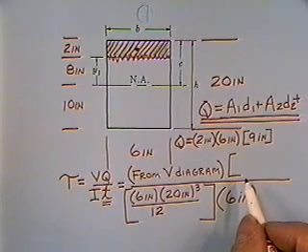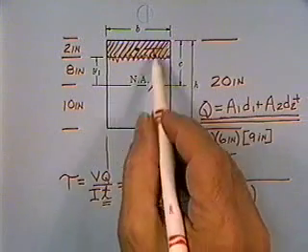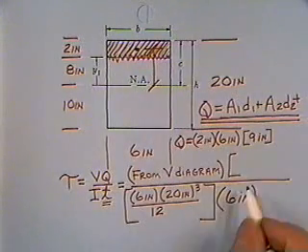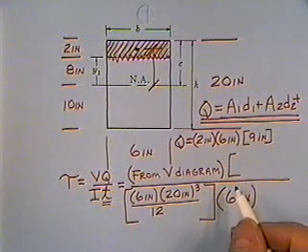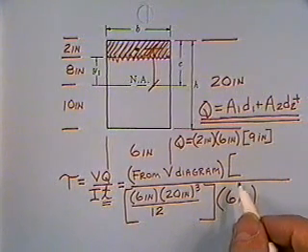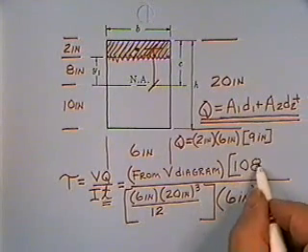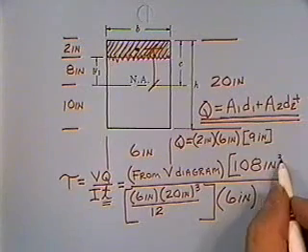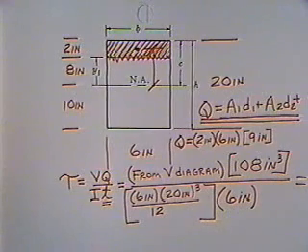It is the cross-hatched area times the distance from the neutral axis. 2 times 6 times 9, 12 times 9, 108 inches cubed. And doesn't matter what it is. Whatever it is, that's the glue you got to buy. That's how strong it has to be in shear.